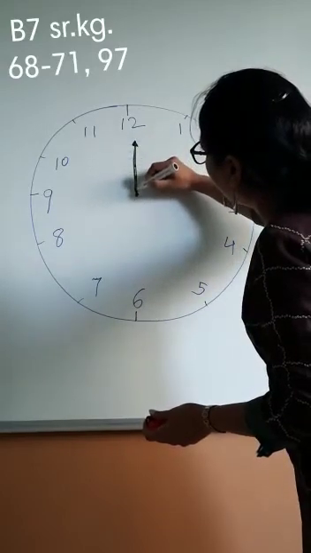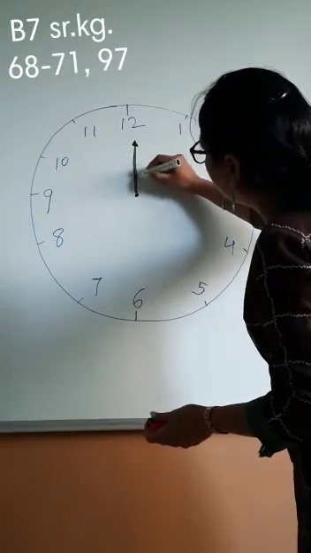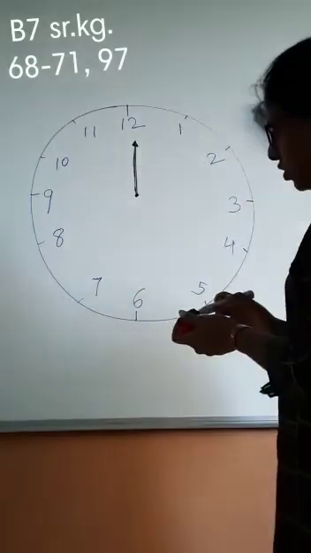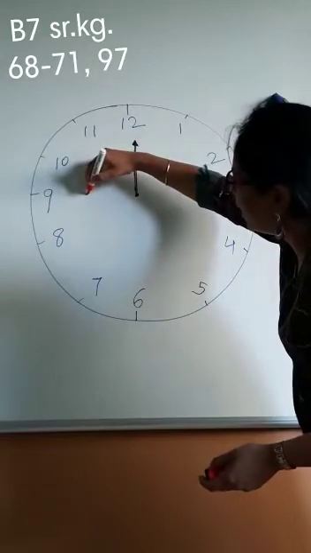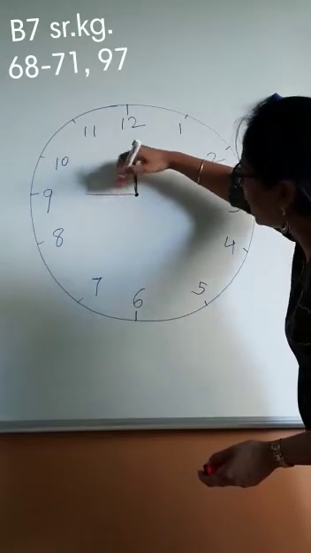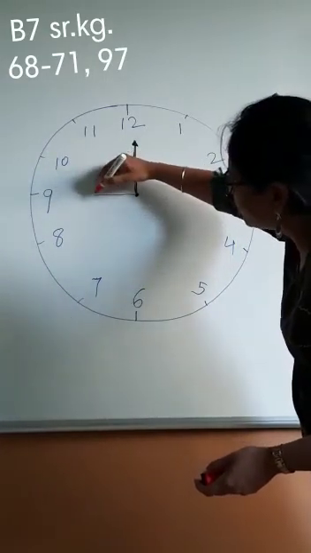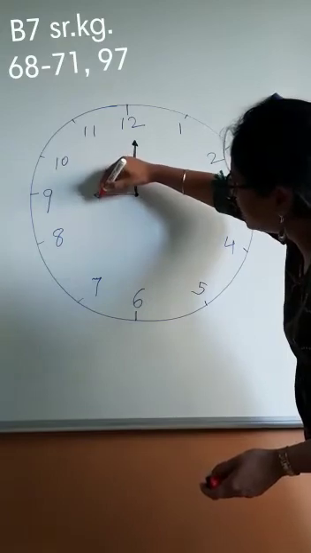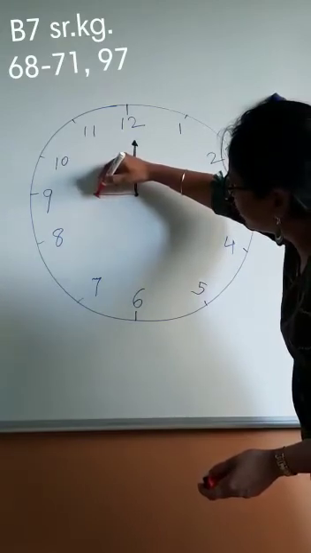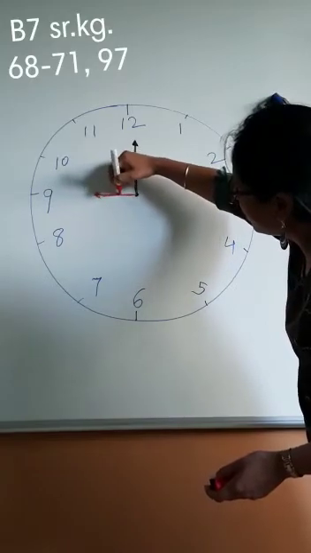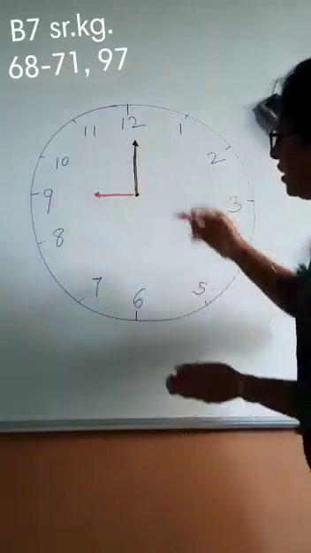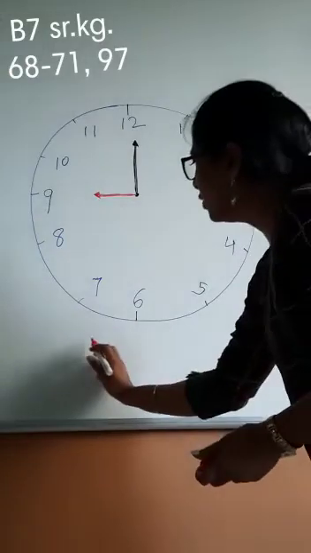And the short hand, because we are showing 9 o'clock, the short hand should be at 9, pointing towards 9. The short hand pointing towards 9. This way. It will be 9 o'clock.